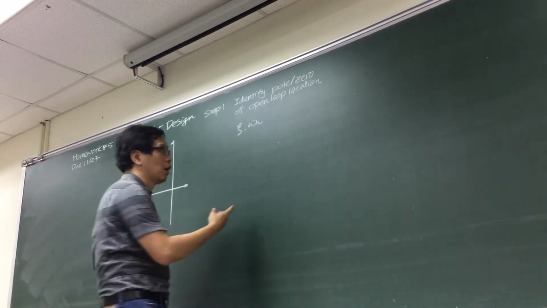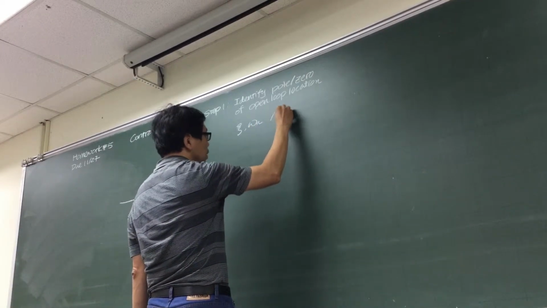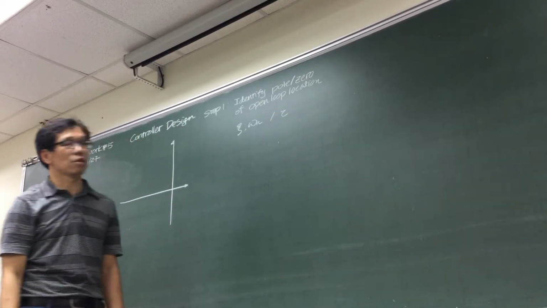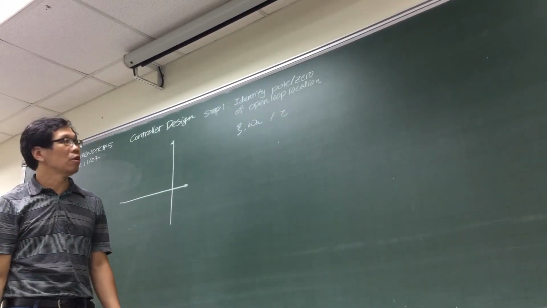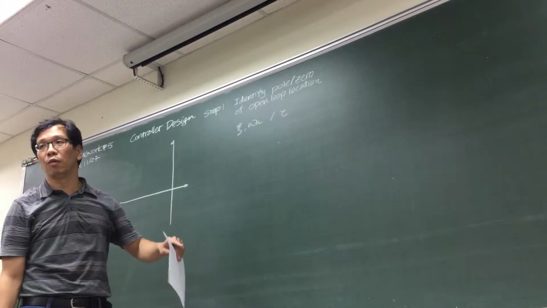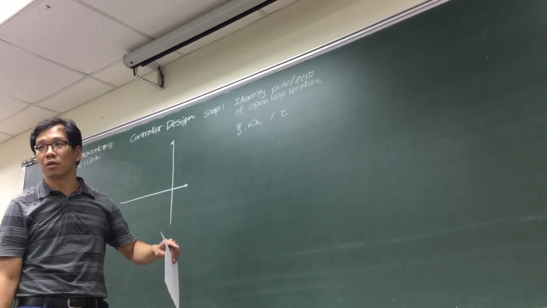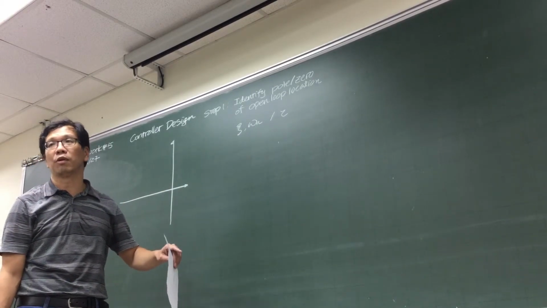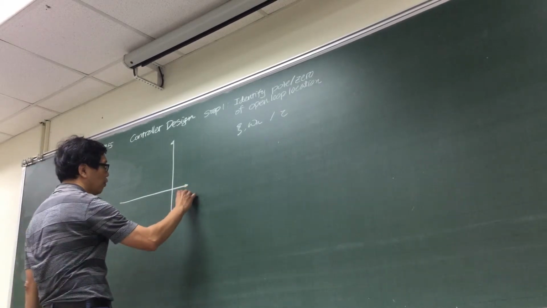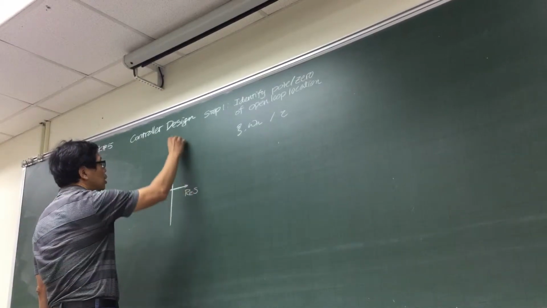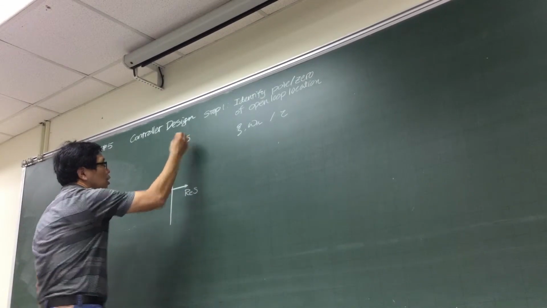If we have a second order system, or if we have a first order system, we need to know the tau. So with those two things, we know where our open loop poles and zeros are going to be located. So we start from open loop.